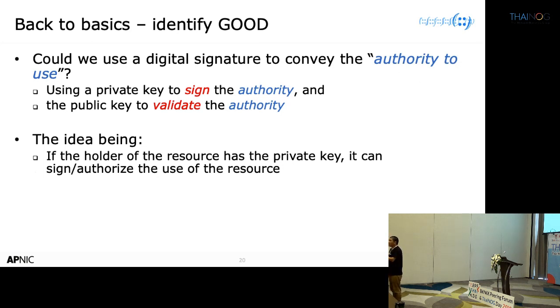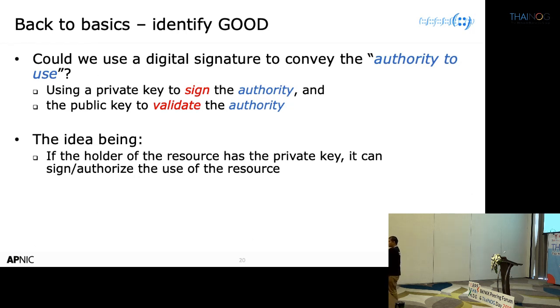And as we are very familiar with PKI, can we borrow the same concept using digital signatures, right? What is a digital signature? It uses key pairs, right? It uses asymmetric encryption techniques, a private key and a public key. Public key is public, and with the private key, I can sign things.